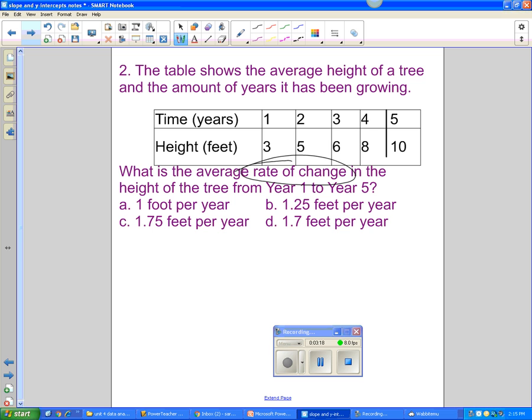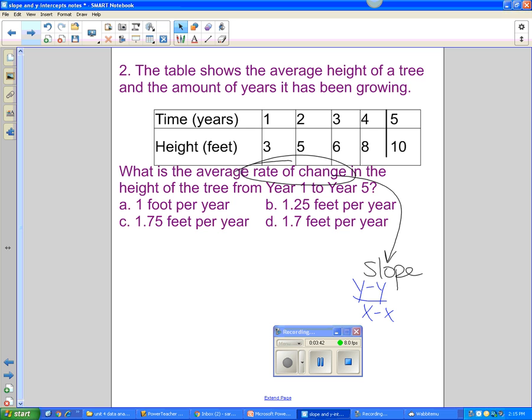What's the other word for that? Slope. All right, rate of change also means slope. So the slope formula, y minus y over x minus x, you could do that. You could also put them in stat.